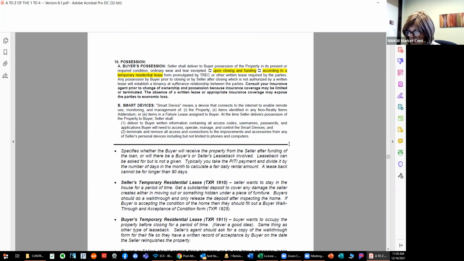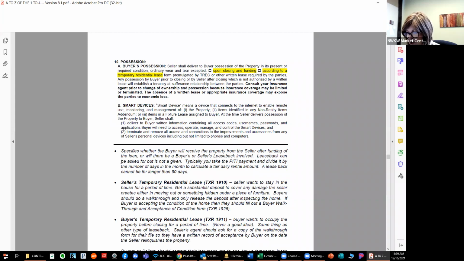Next, 10 is possession. It's two choices: upon closing and funding, or according to a temporary residential lease. Specifies whether the buyer will receive the property from the sale after funding of the loan, or will there be a buyer's or seller's lease back involved. Lease back can be asked for, but is not a given. It's a negotiable item that you can ask for.